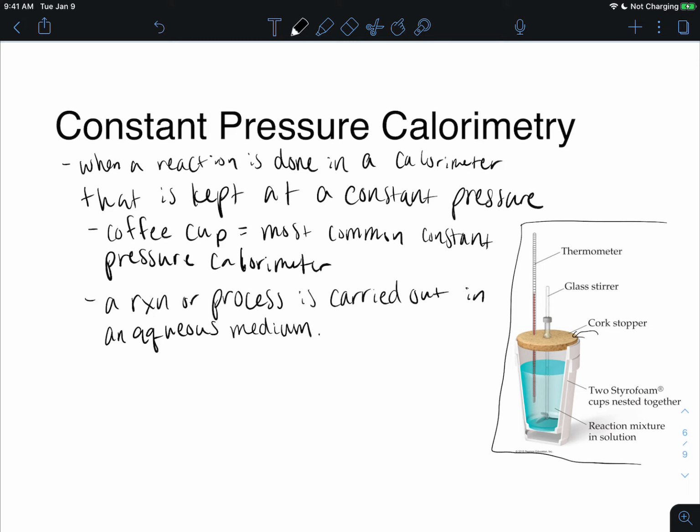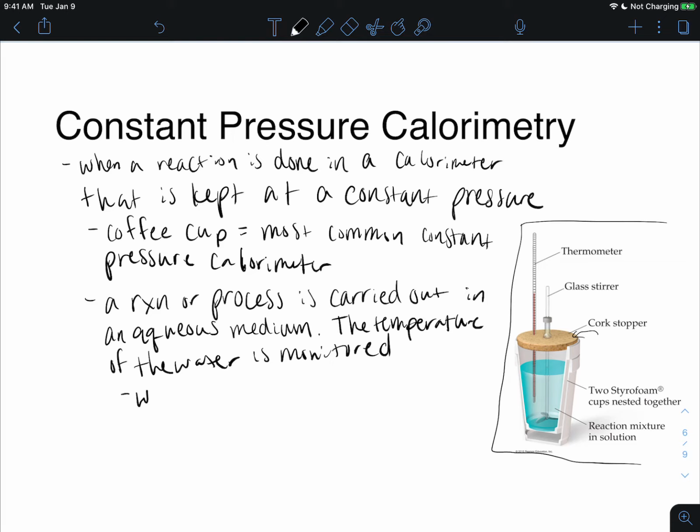During this process, we're measuring the temperature of the water. So the temperature of the water is monitored. And as the reaction or the process is taking place within the aqueous solution, within the water, the reaction is either absorbing or releasing heat, and we're looking at the heat that is absorbed or released by our system by looking at the temperature of our water.